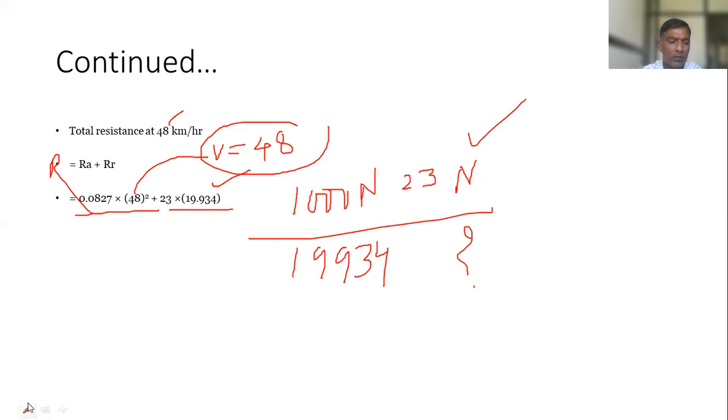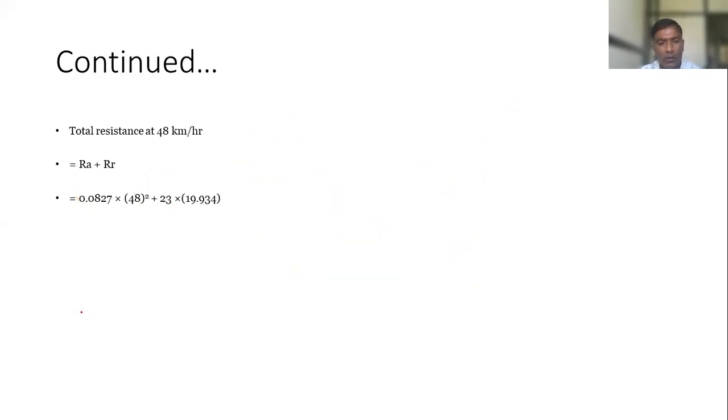Okay. Calculate. Sachin, calculate. 2363.89 Newton. Total. Okay. Yes, sir. Correct. 649 Newton. Okay. Write down this as the answer.